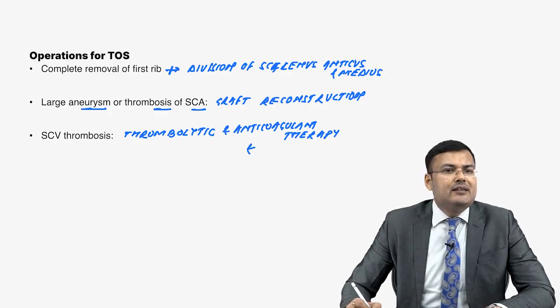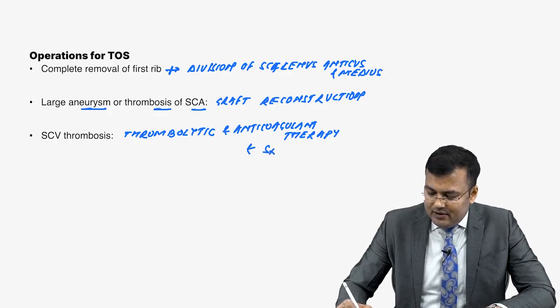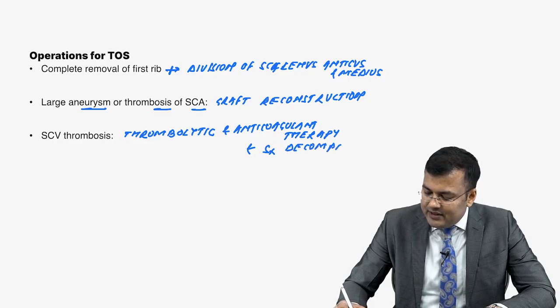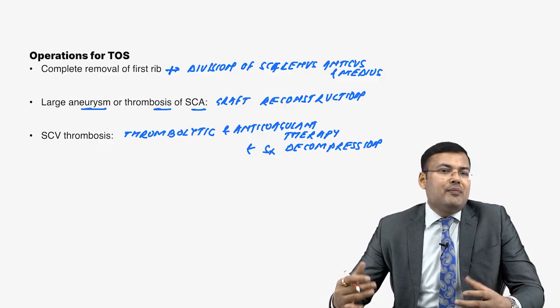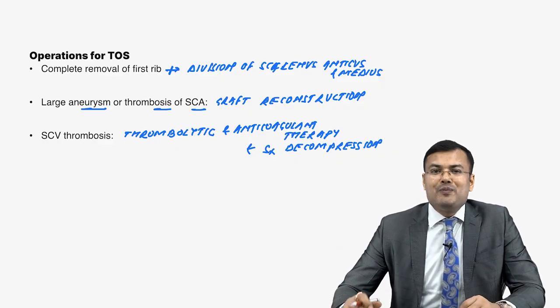And followed by surgical decompression. Simultaneous surgical decompression is done. So this is how we are going to manage the patients. This is the surgical intervention or operation for thoracic outlet compression syndrome.